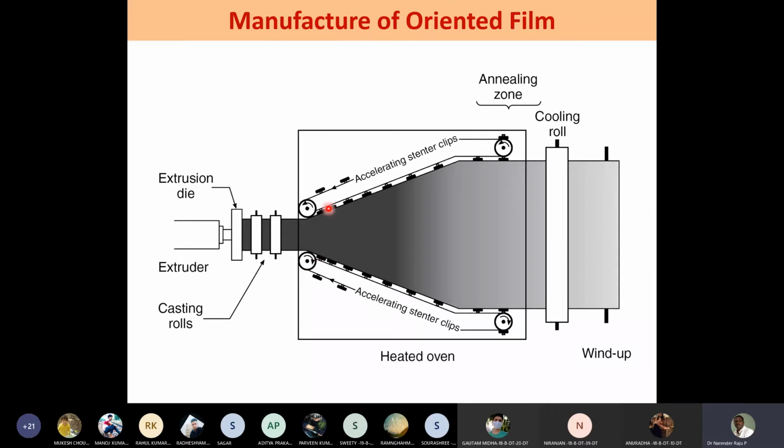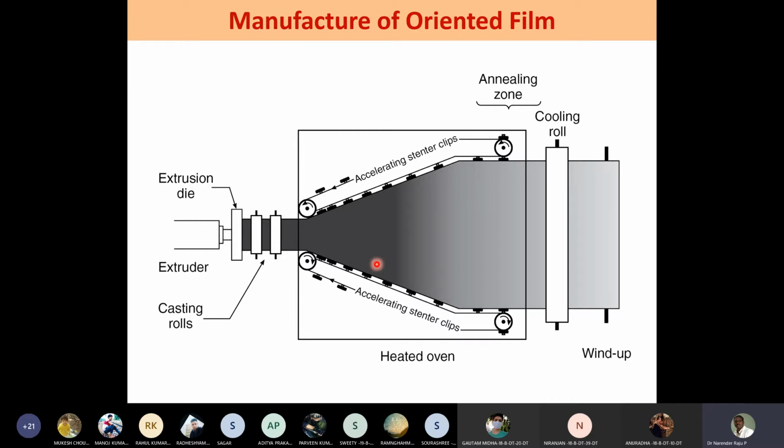But when you stretch the film using different stretching mechanisms and the width is also increased, this occurs in the hot condition, when the film is still in its molten or near molten condition, or simply in its soft condition. Then only it is possible. When it is cool, you cannot stretch it.